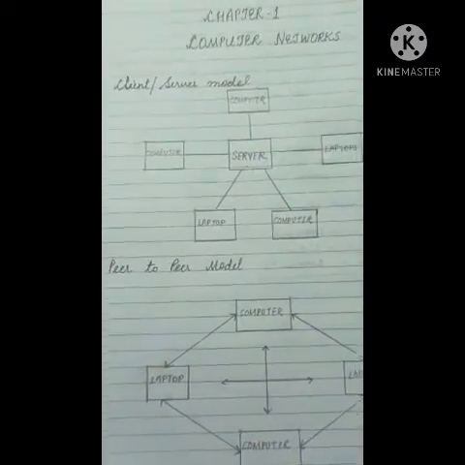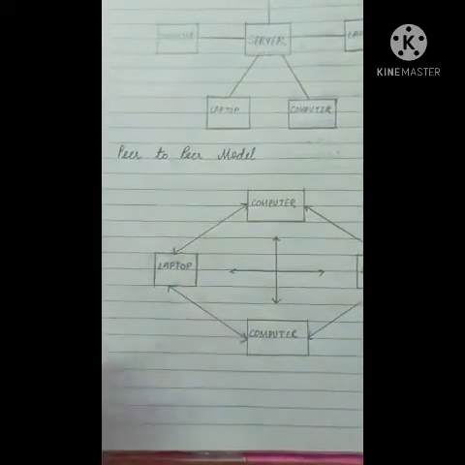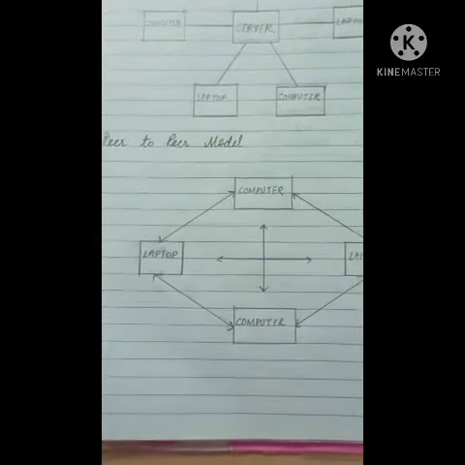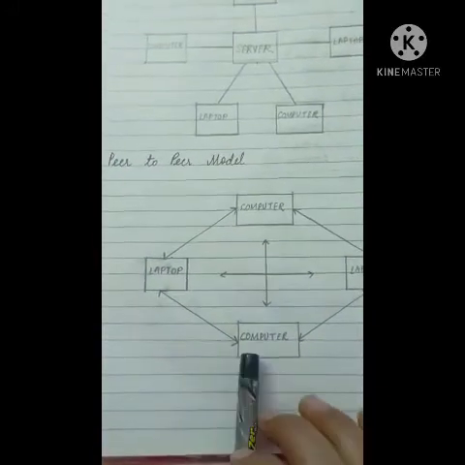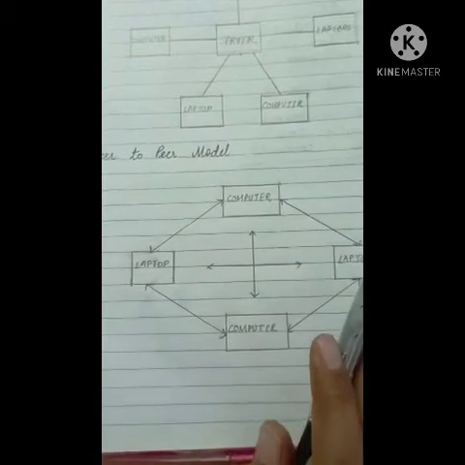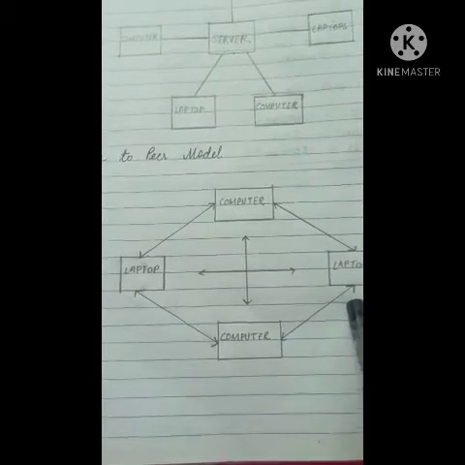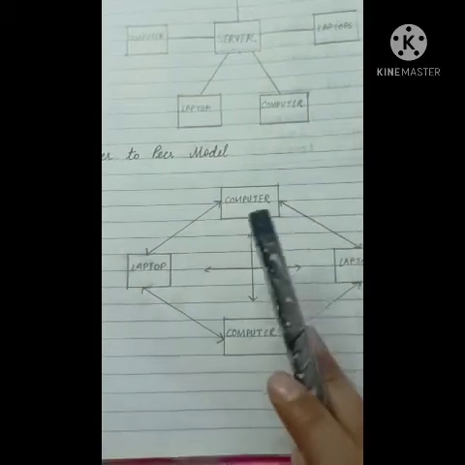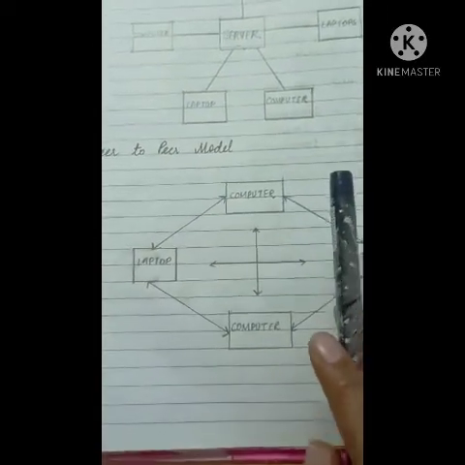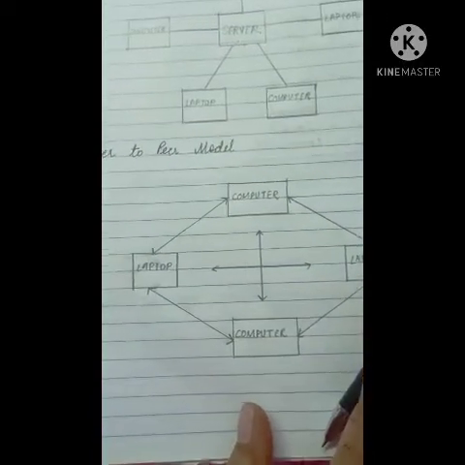now the next model is the P2P model. This is another common network model, and in this model there is no central server. Each workstation on the network shares its files equally with the others. Thus each workstation acts as a client as well as a server.